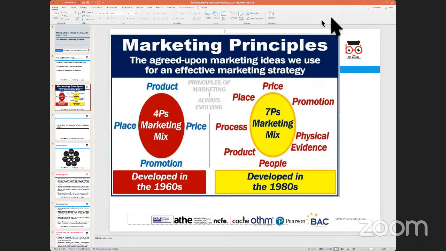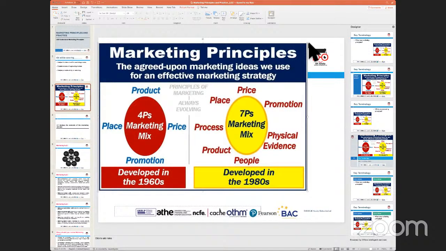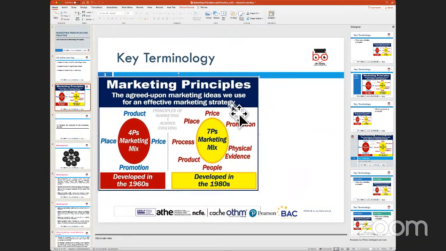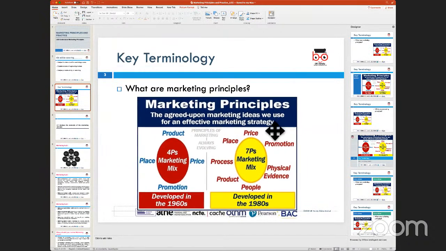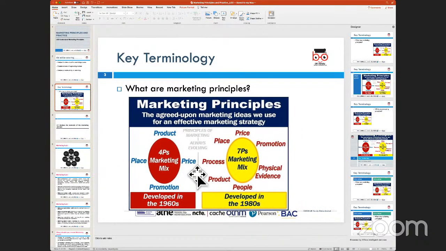So if I bring this across as a picture onto the slide, what you're going to see is that when we talk about these marketing principles, they were initially introduced by Jerome McCarthy. That's the name of the person, or the author, who actually initially proposed these 4 P's of marketing.